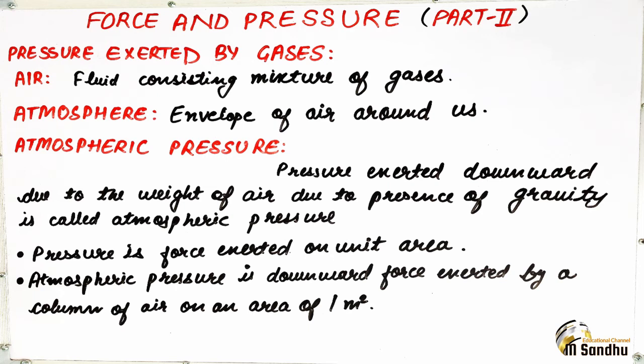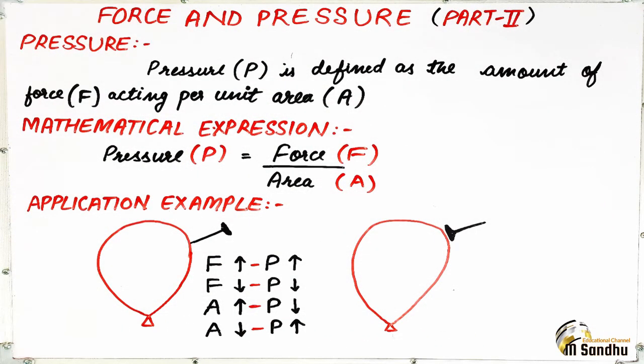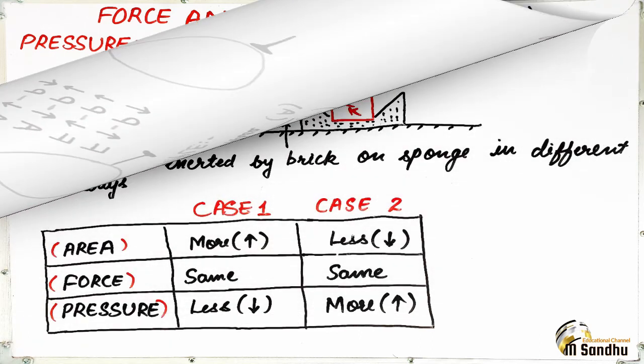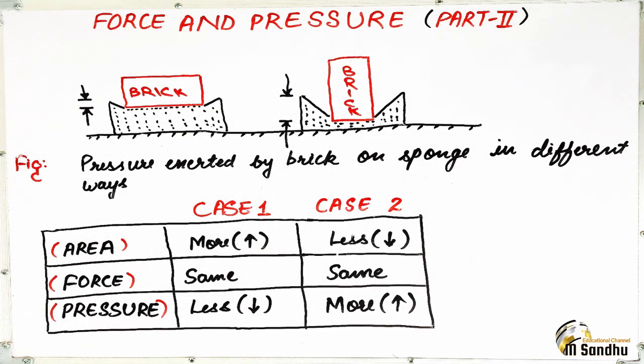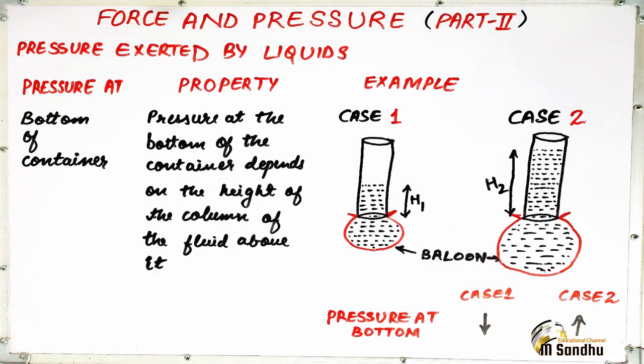Now let's have a quick glance at the topics we have covered in this session. The first one was pressure. Pressure is the total force acting per unit area, and we have illustrated this with an example of a balloon as well as the example of a brick and sponge. The next topic was pressure exerted by liquids and gases.